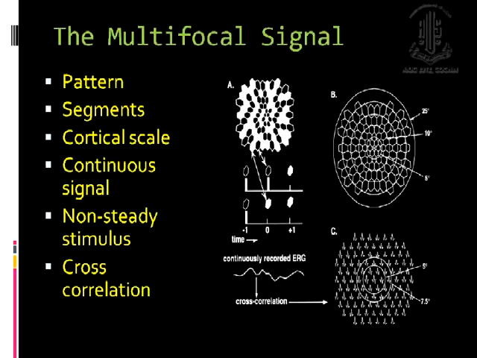That's why it's smaller and more crowded in the center, and the more you go peripherally, the looser and bigger it is. This signal is not like the single flash signal or the pattern ERG signal coming as a single signal. This is a continuous signal until the end of the whole cycles in the multifocal testing.